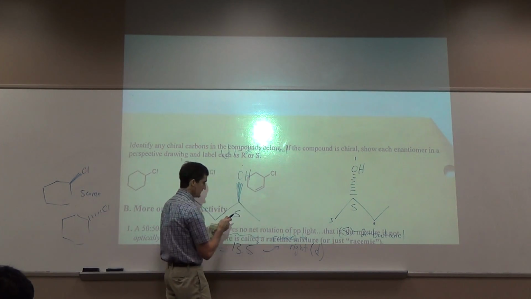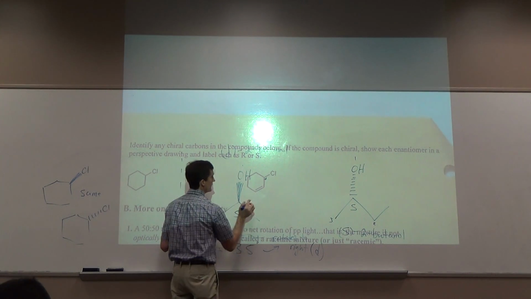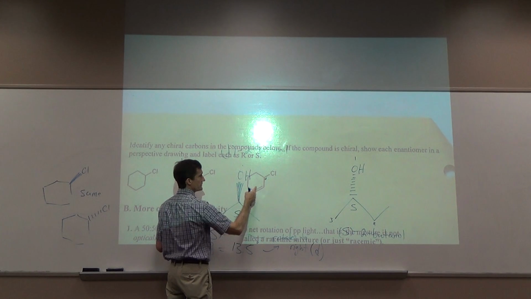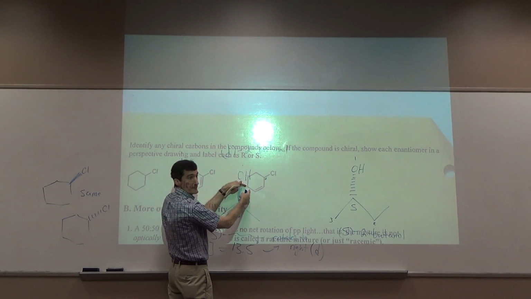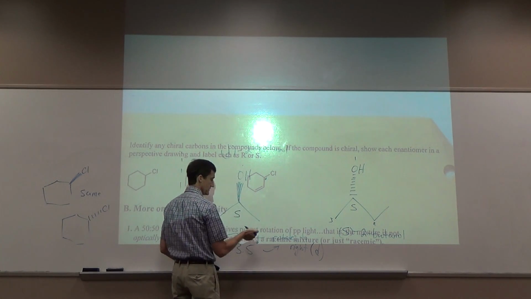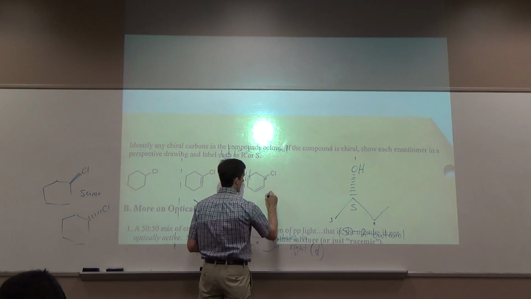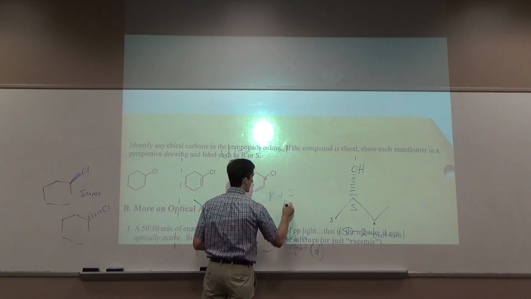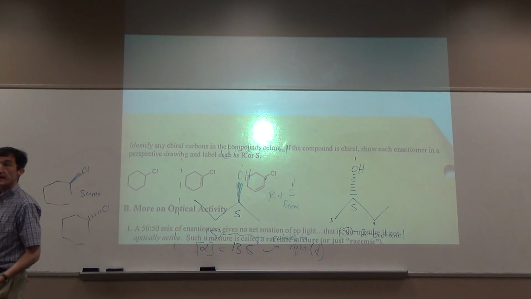How many chiral carbons here? 1 chiral carbon. We've got a chlorine, an H. If you come this way, it's different from coming this way. So that's a chiral carbon. Because it's chiral, you can show that 2 different ways. So there's an R and an S form, R and S configuration at that carbon.